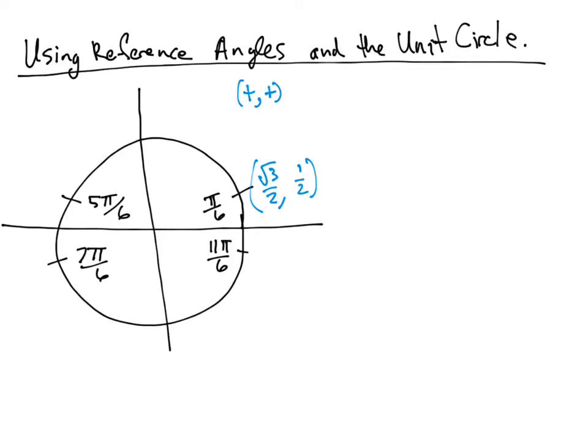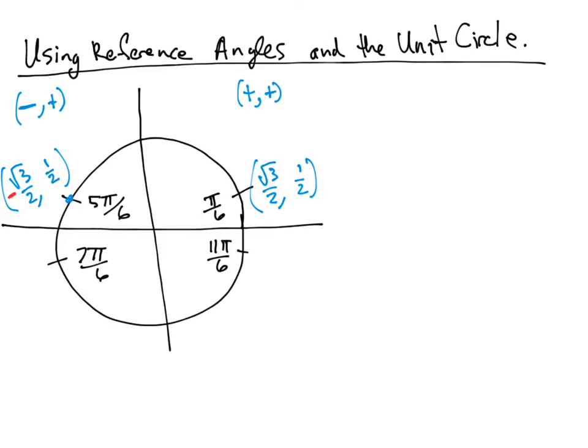And that's what we have here, positive root 3 over 2, positive 1/2. Now, in quadrant 2, x is negative, y is positive. So the coordinates for this point are the exact same, root 3 over 2, 1/2. The only difference now is that the x-coordinate is negative.